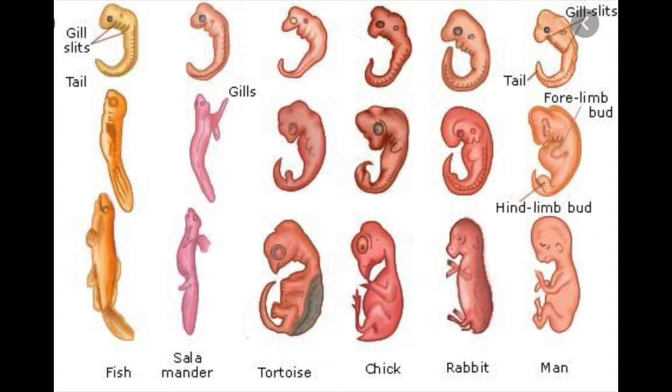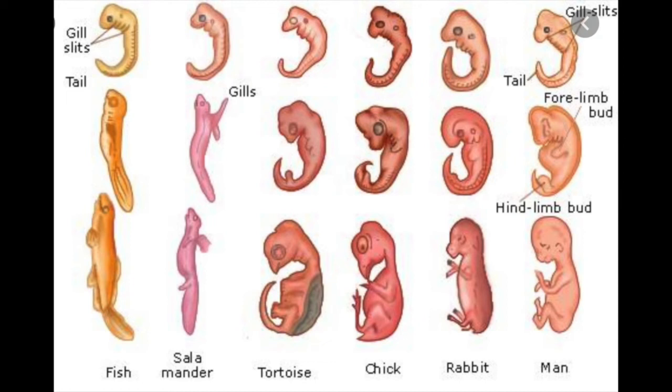I always have a tough time saying that word, similar. And all of them have those little slits. They're called pharyngeal pouches. And so at that first stage of development, they're all very similar.